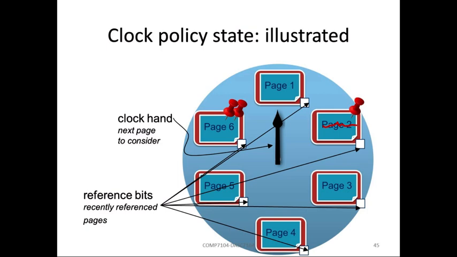Besides that, there is meta information that we carry, the pin count and the dirty bit that we have, of course, introduced before. And we now have an additional meta information, the reference bit, whose role is to indicate, in a binary way, whether a page has been used recently or not.